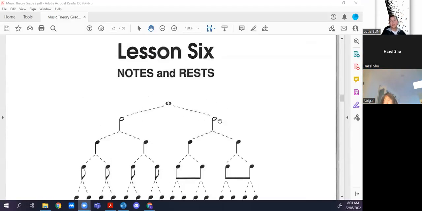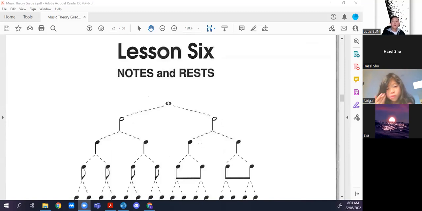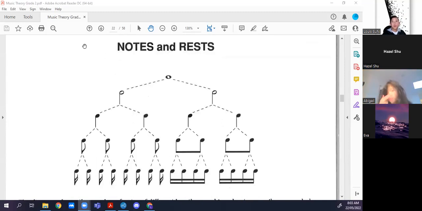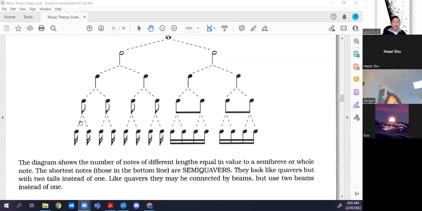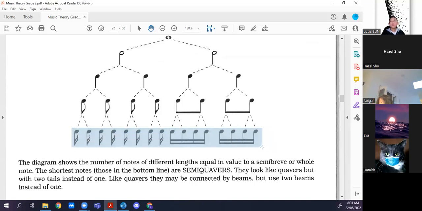So notes and rests. We've seen this chart in grade 1, but now we have to familiarize ourselves with semiquavers, which are half of a quaver. If you're in 4/4 time, you could have 1 semibreve taking up the bar, 2 minims, 4 crotchets, 8 quavers, or 16 semiquavers.